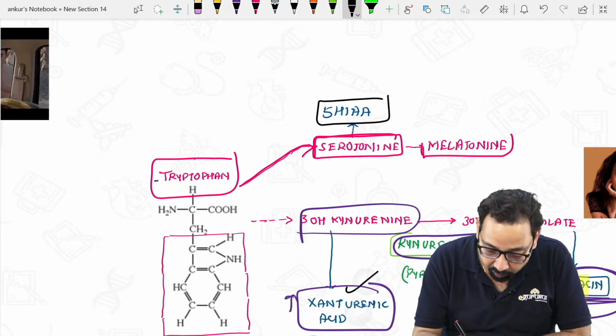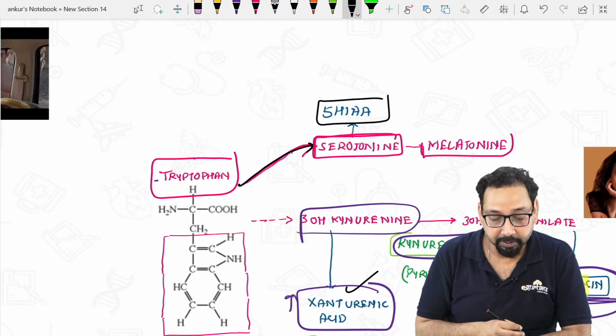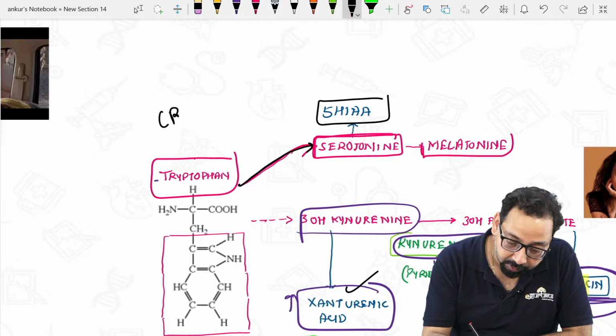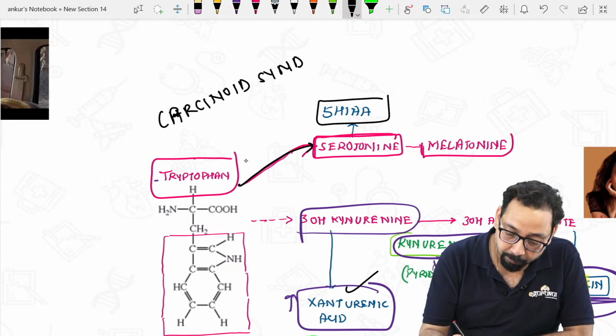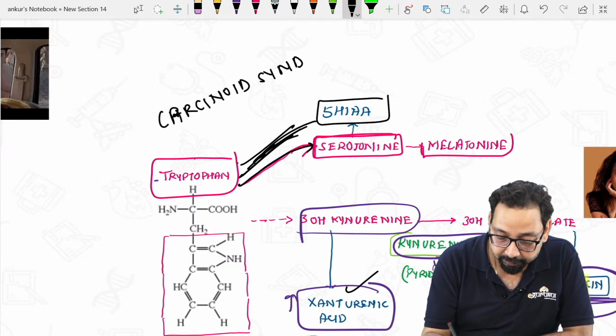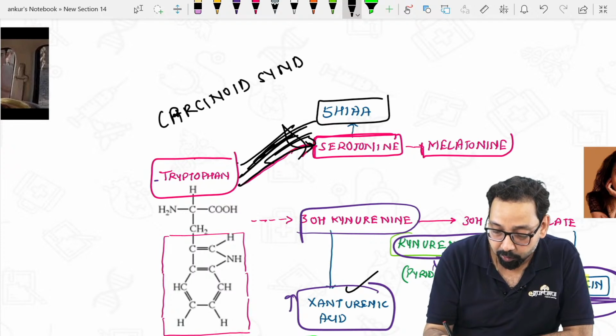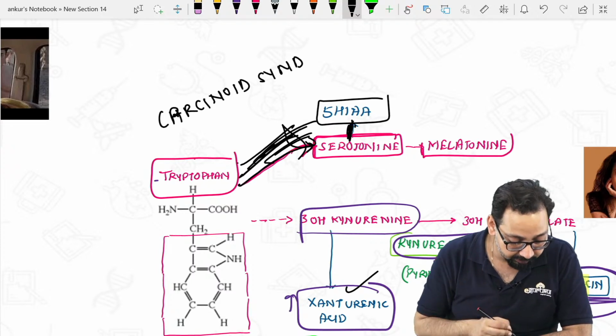Normally tryptophan is converted, but in carcinoid syndrome, more and more tryptophan is converted to serotonin, and more and more serotonin is converted to HIAA.